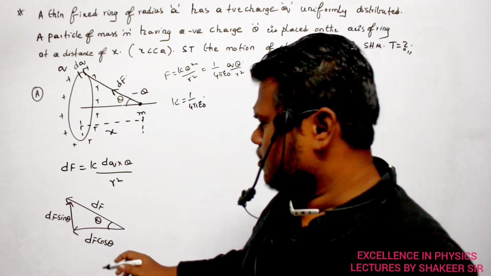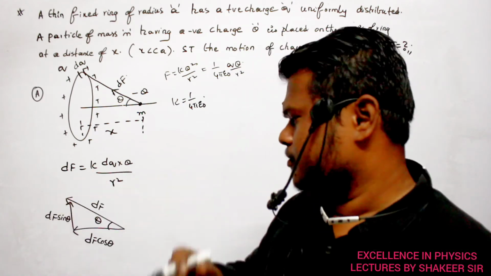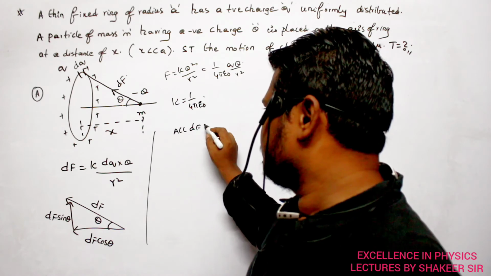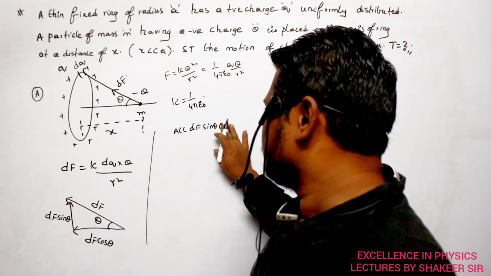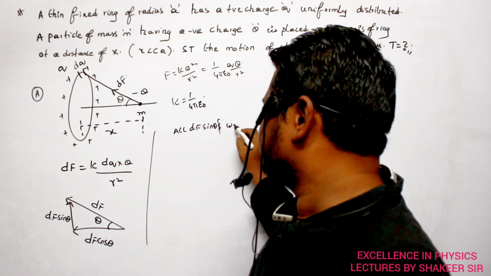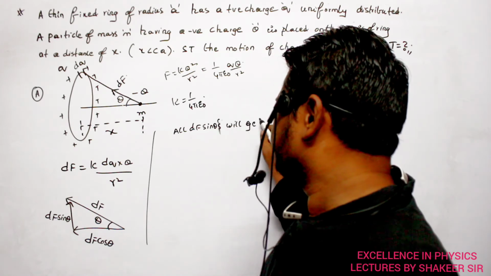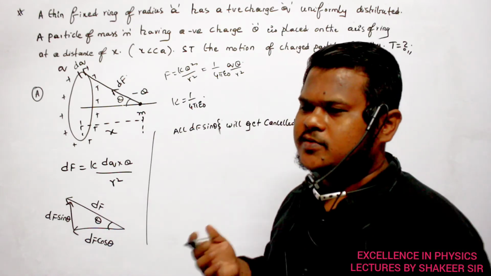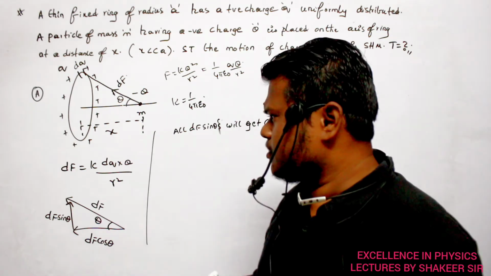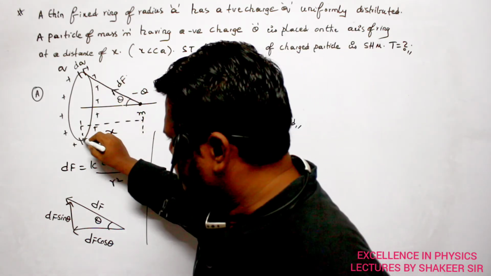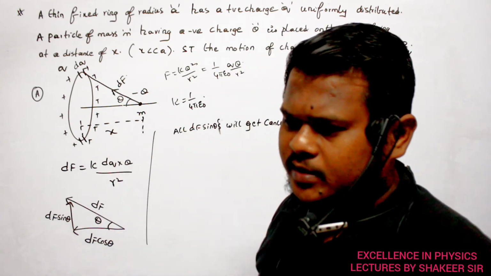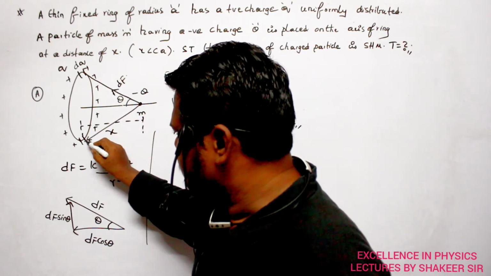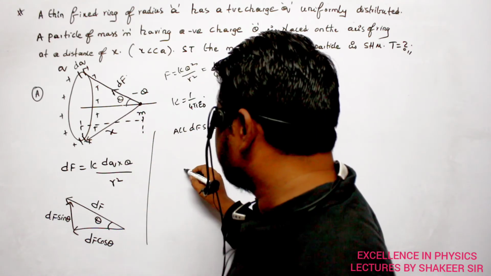Now can I say all df sin thetas will get cancelled? Will you agree with this? What is the reason? Reason is very simple. If you take another small dq here, then because of this dq, force of attraction will be in this direction, and this force also I have to split into two components.